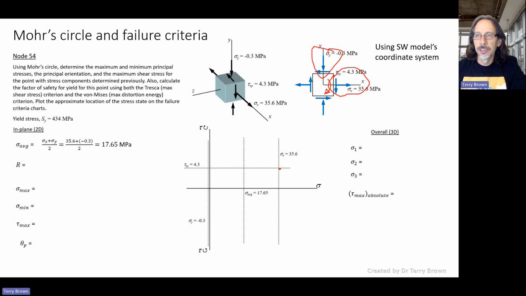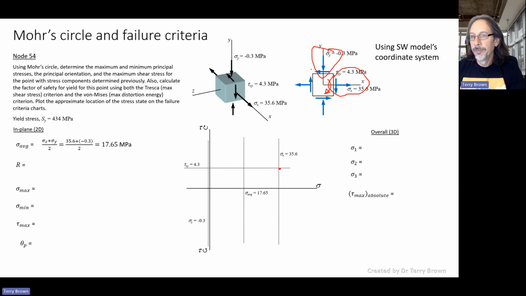A simpler way to deal with it and make sure you get the right answer is to not worry about positive and negative, and just remember clockwise is plotted above, counterclockwise is plotted below. So here clockwise is plotted above.